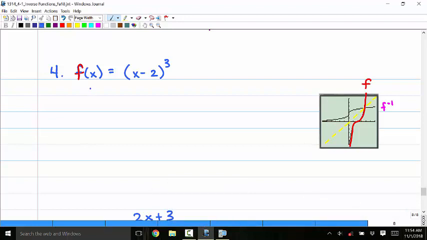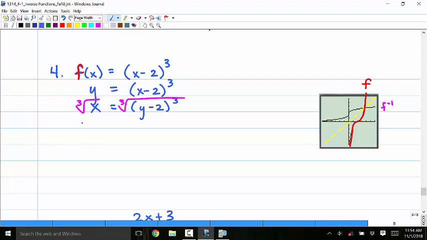Okay, here we go. Instead of writing y equals x minus 2 cubed, I'm going to write x equals y minus 2 cubed. How do I get rid of the cubed? Cubed root of both sides. Do I have to put a plus or minus when I take a cubed root? No, just a square root.